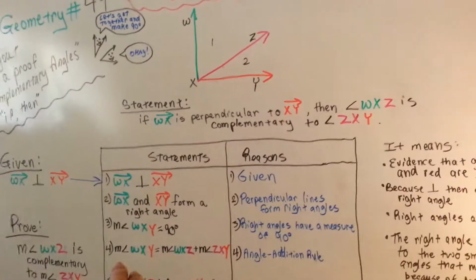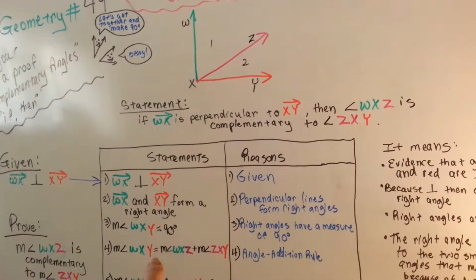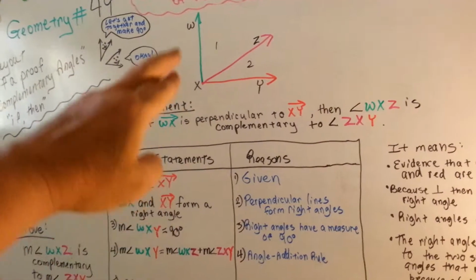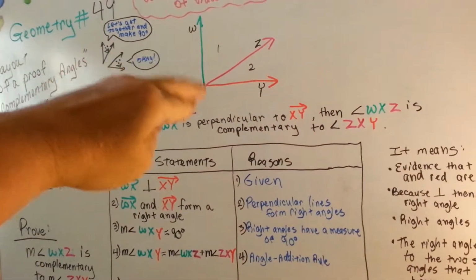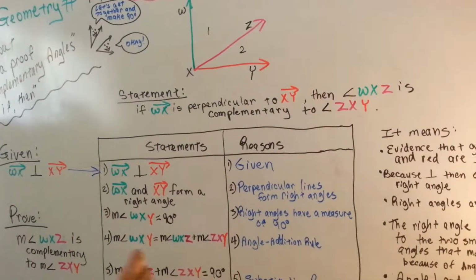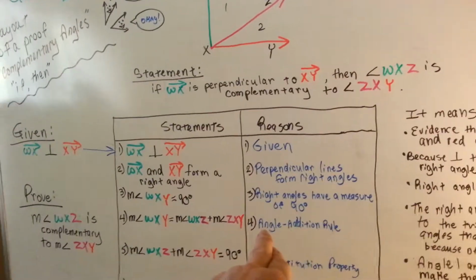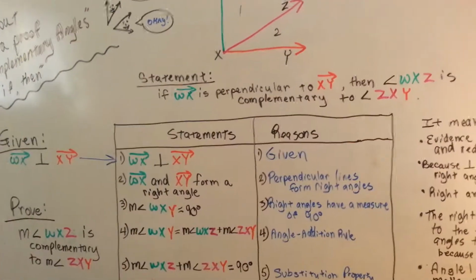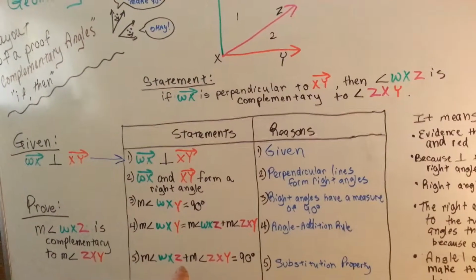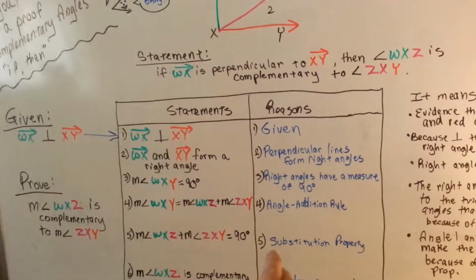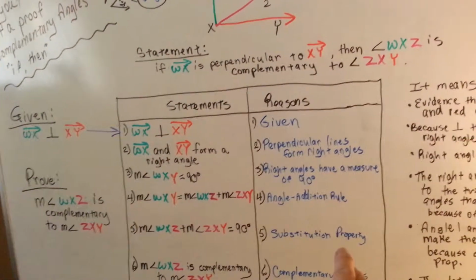Then we say that the measure of the green and the red one equals the measure of 1 and 2 combined. And our reasoning is the angle addition rule. Then we say that the measure of 1 and the measure of 2 is equal to 90 degrees because of the substitution property.